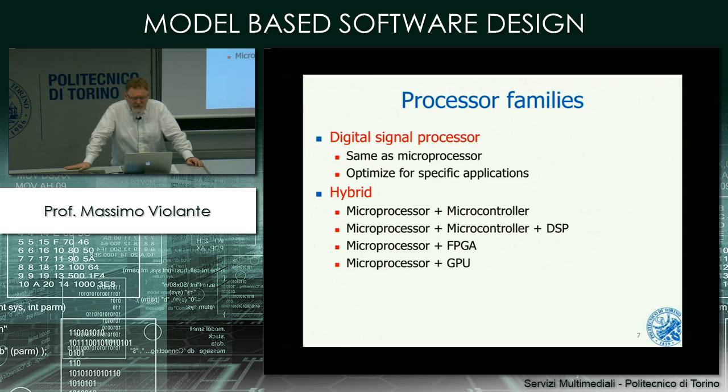So besides the other families, the hybrid is now extending also to some specialized hardware like field programmable gate arrays, so that you can implement your custom hardware inside the same chip that hosts the microprocessor.